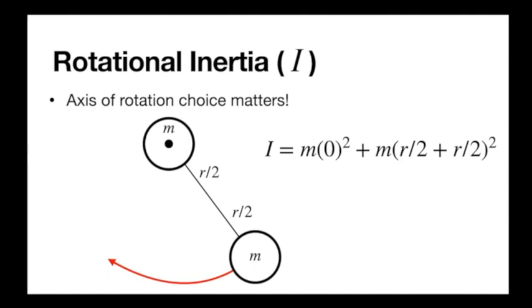It's kind of an approximation because it is a continuous larger mass distribution, but if we are approximating it as just this one mass at this point, it has no distance away, and so does not contribute to the rotational inertia. But this other piece, m, is now a full r, so r over 2 plus r over 2 away, and so we get the rotational inertia of this is mr squared.